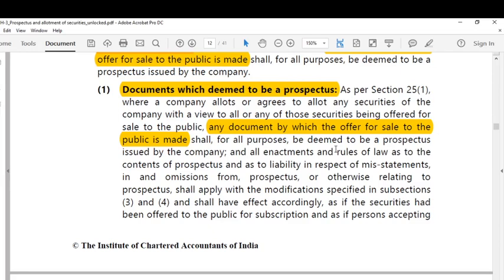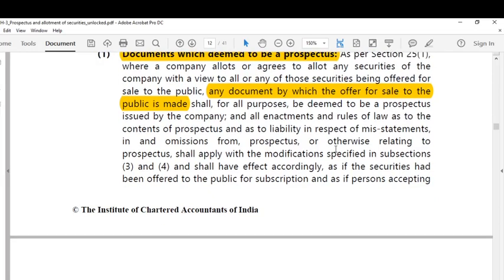Whenever a company allots or agrees to allot any securities of the company with a view to all or any of those securities being offered for sale to the public, any such document by which the offer for sale to the public is made is deemed to be a prospectus issued by the company.